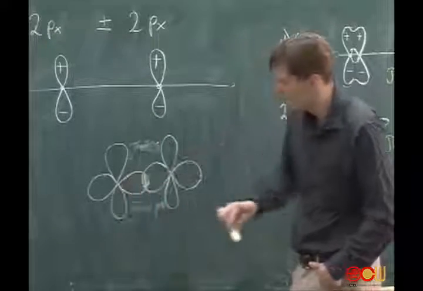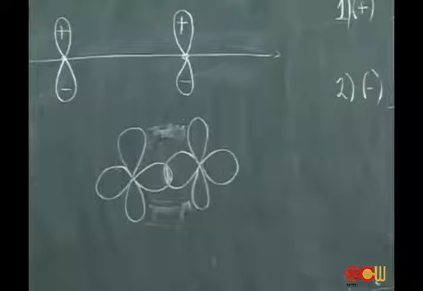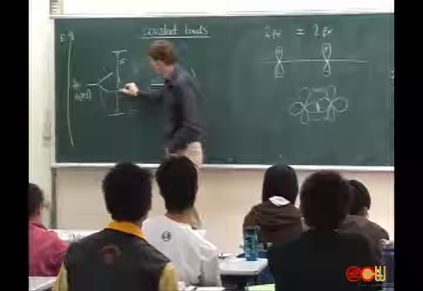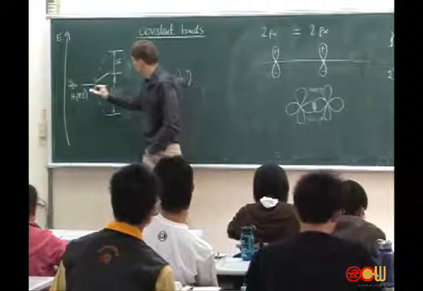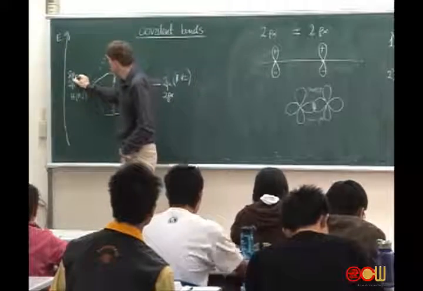So very weak overlap. So usually the splitting for the pi bonds is very small. It's around here for the 2px.